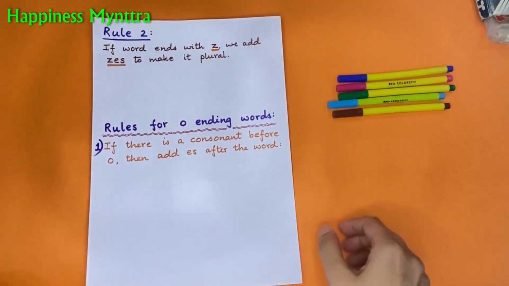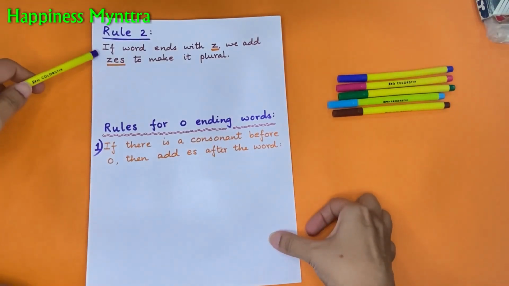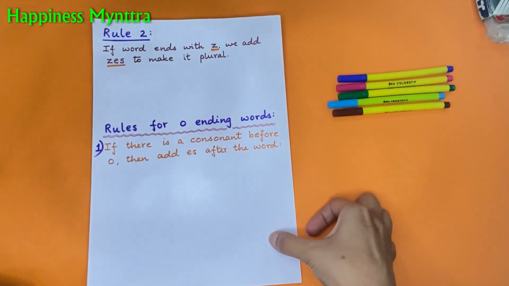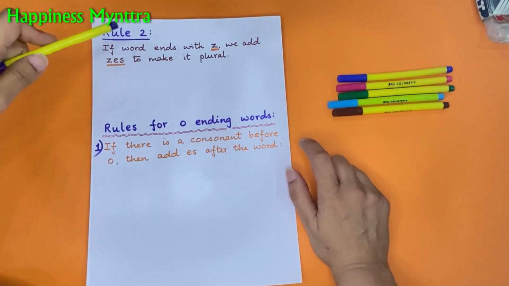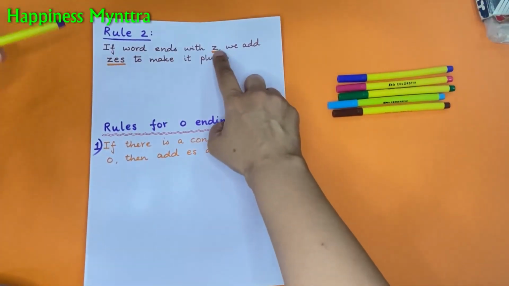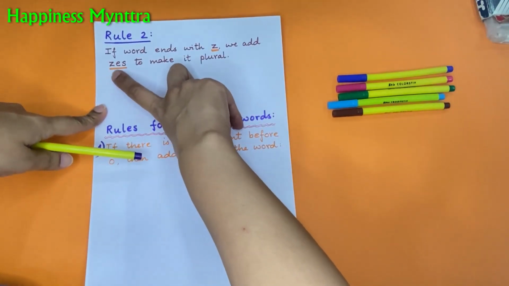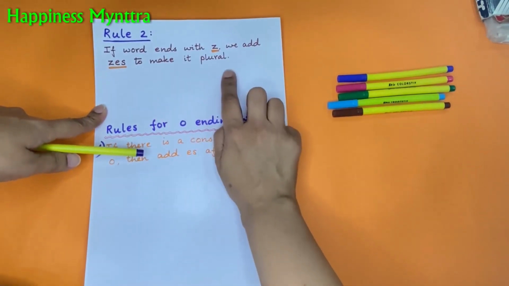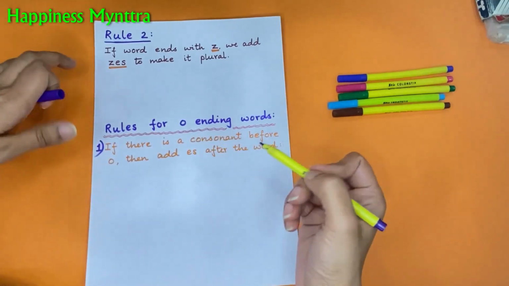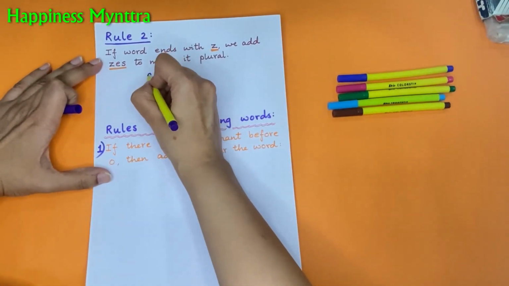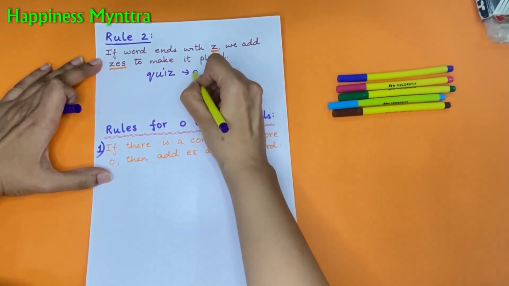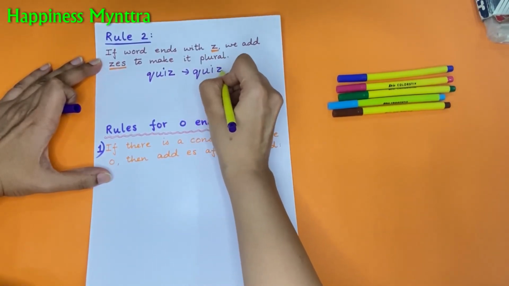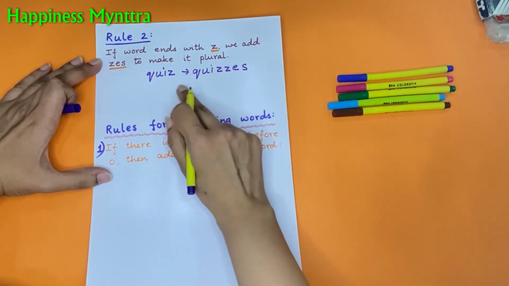Now we come to rule 2. If a word ends with z, remember in the first rule it was double z. Now here if it is a single z, then we add another z and then es to make it a plural. Now this is something which many people skip or are not even aware of. So quiz becomes quizzes.